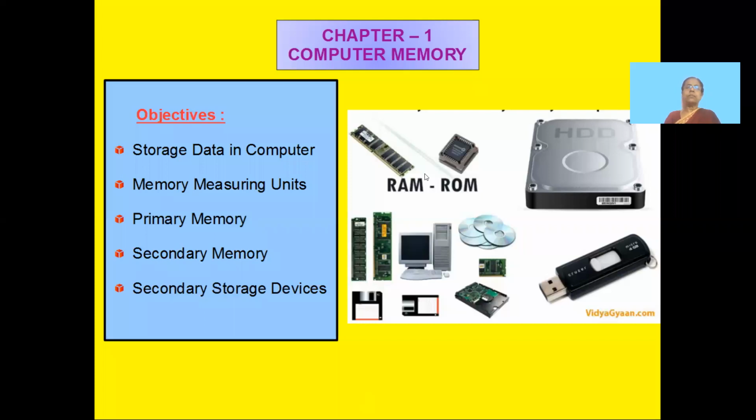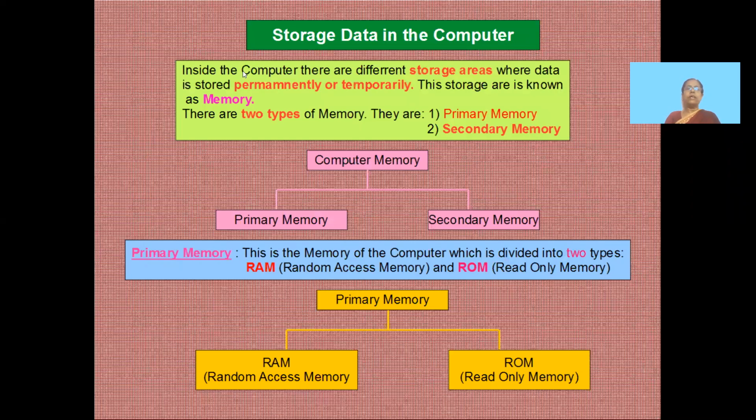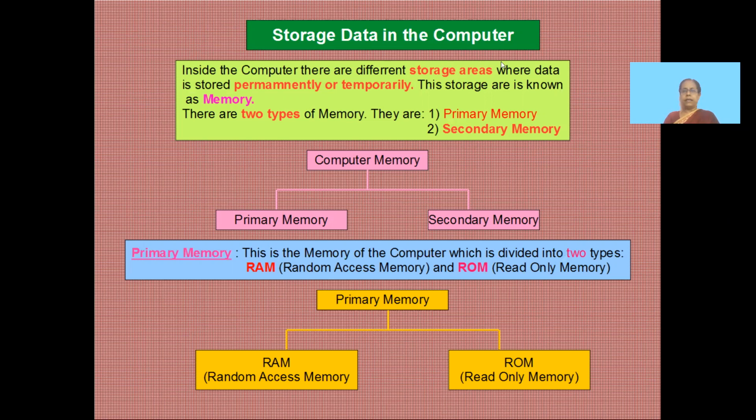As I've told you already, inside the computer there are different storage areas. Where the data is stored, one is a permanent area and the other is a temporary area. The area where the information is stored is called the memory.